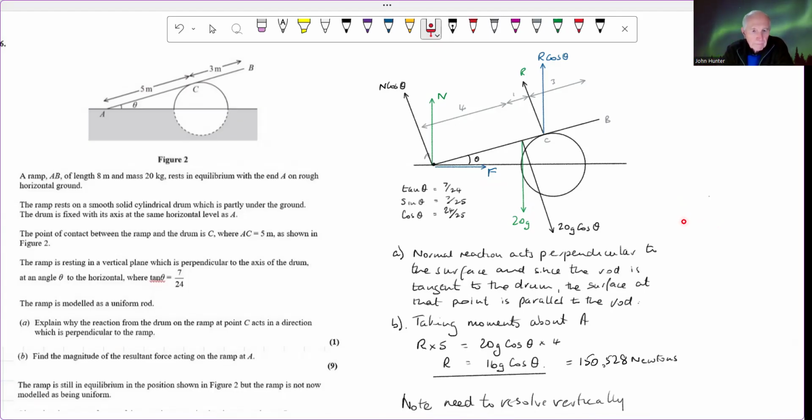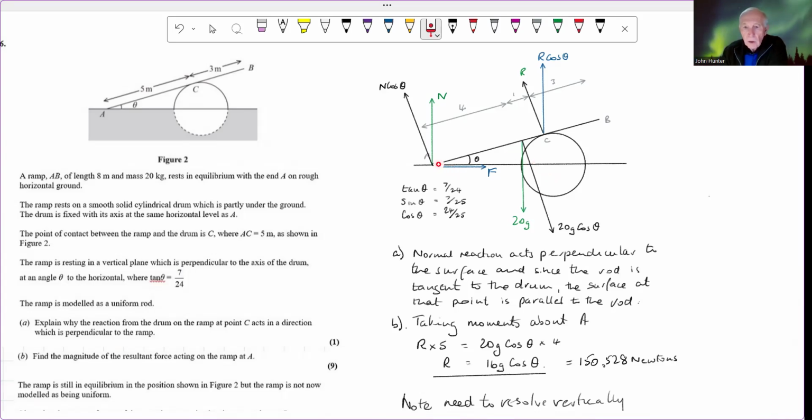So part B then, the tricky part: find the magnitude of the resultant force acting on the ramp at A. Well, in order to do that, we've got this force and this force. We need to find both of these forces, and then we're essentially looking at a triangle of forces to give us the resultant force.